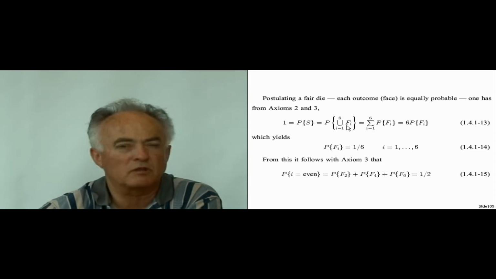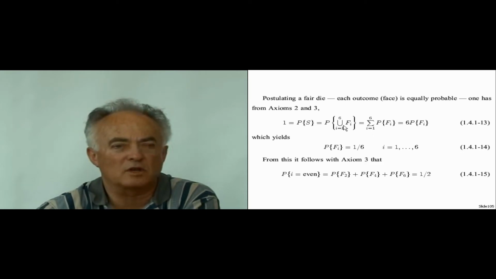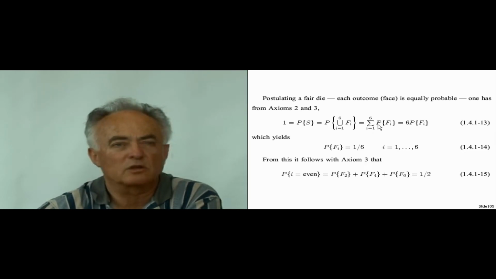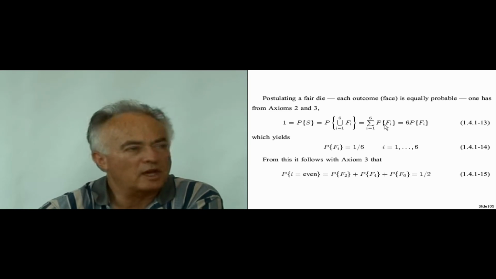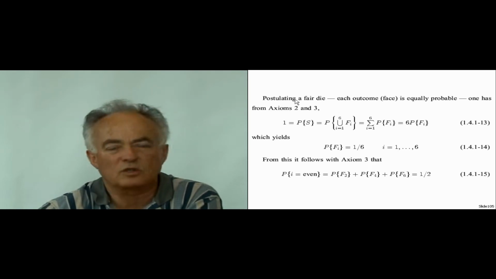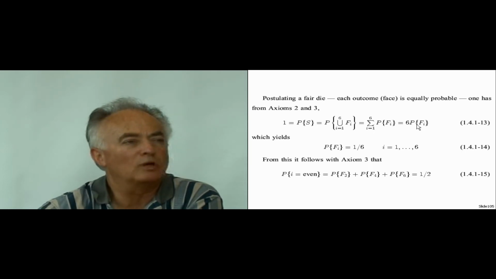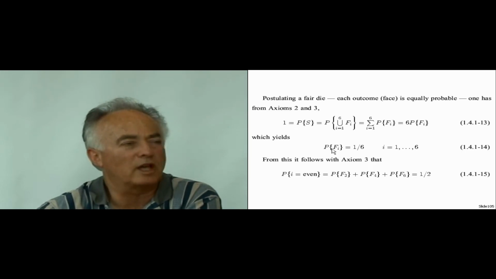So cap F is the event, little f is the outcome in this case. So this is the sum of the 6 probabilities of each face coming up. If it is a fair die, then each face has the same probability, and we end up with 1 equals 6 P of f sub i. Therefore, for each i, the probability of that event is 1 over 6.